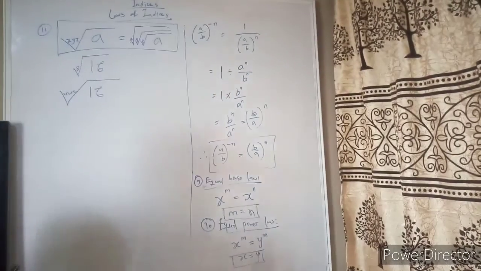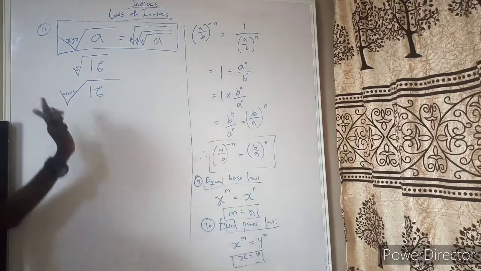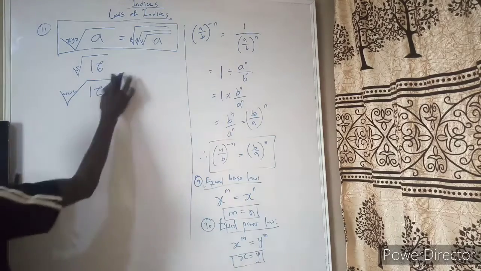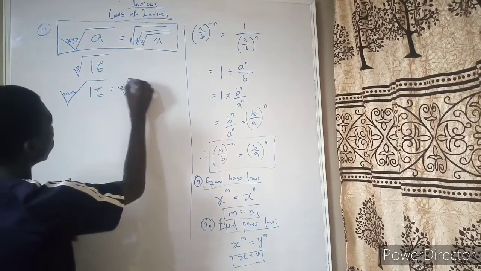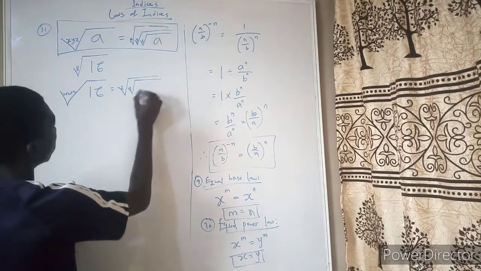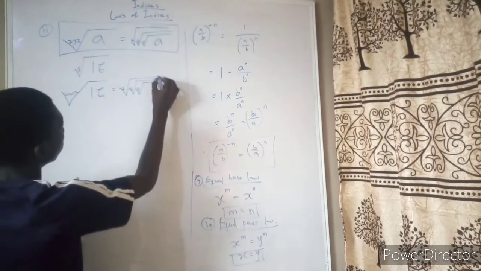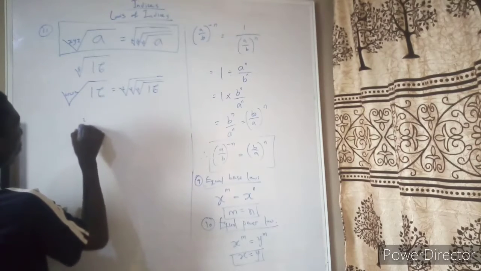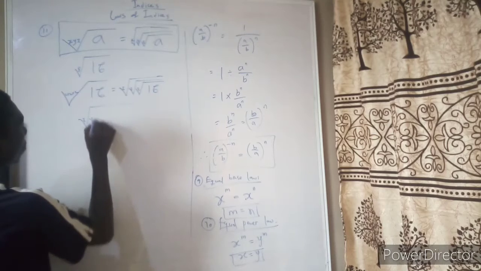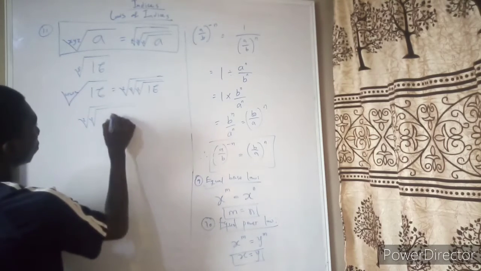So let me apply using a true question now. So I have this kind of question. Let me now apply by saying, okay, this thing here is equal to square root, and since there are 3, it will be 3 square roots, then my 16 within. So I'll do it one after the other. We're having square root, then square root. Square root of 16 is what? 4.